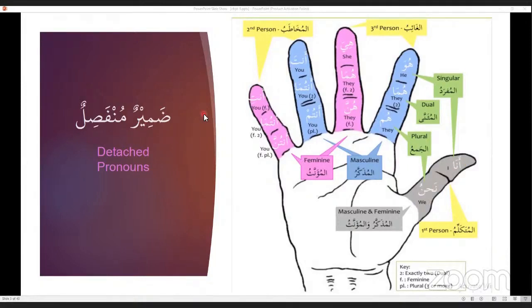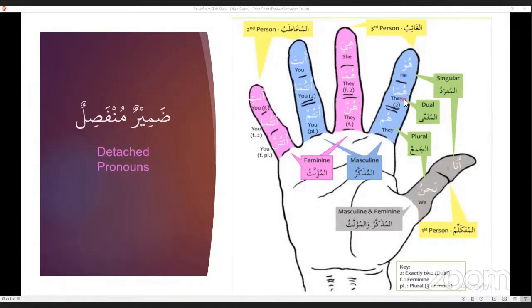So these are the dhamair that you have to memorize, and this is a good technique to memorize them on your hand. The blue color fingers shown here denote masculine gender, and the pink color fingers shown here denote feminine, muannas. And this is neutral, ana, nahnu. So this is how you can memorize them.